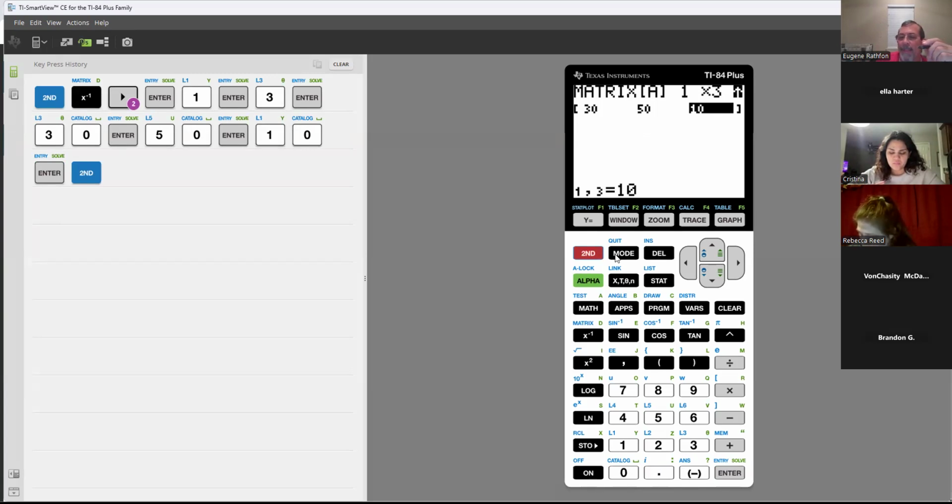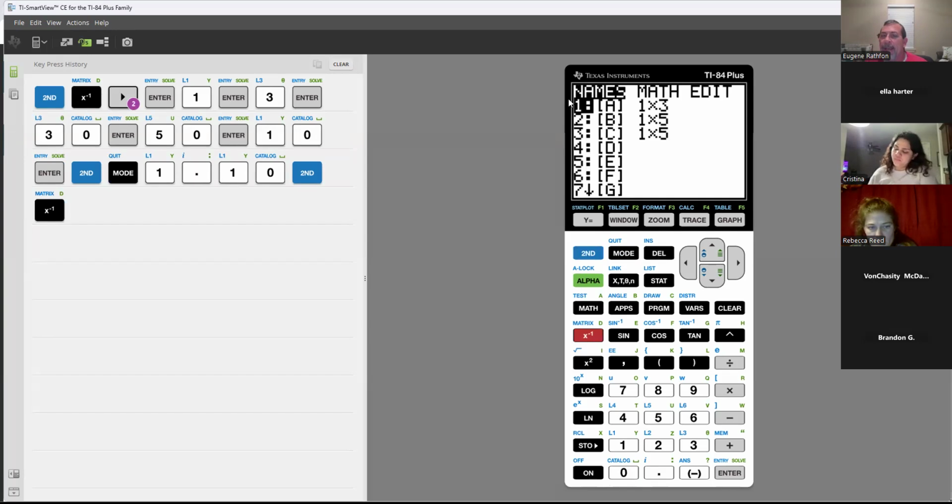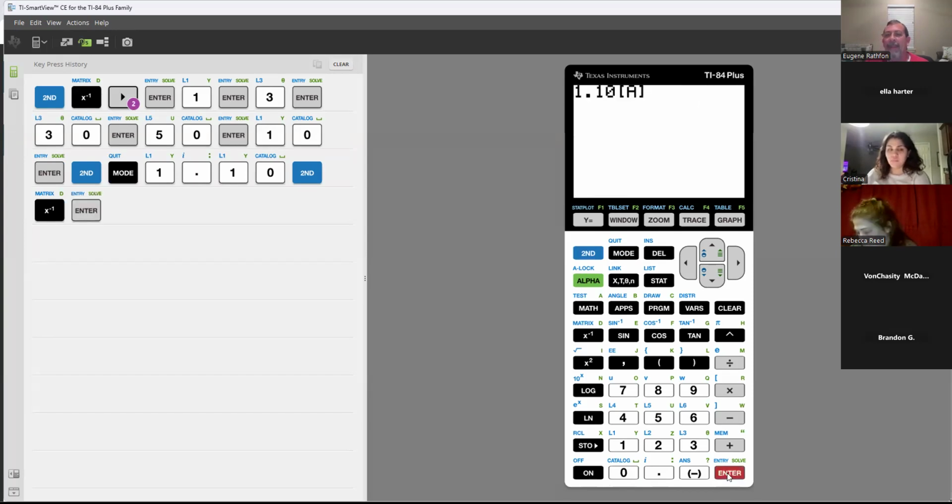Now, they wanted me to increase my order by 10%, so I'm going to multiply 1.10 times that matrix. So I'm going to go back to second, x negative 1, hit enter, because number 1 for A is my 1 by 3 matrix, hit enter.